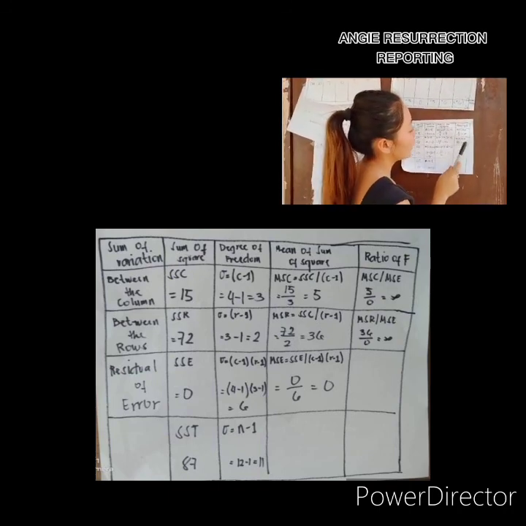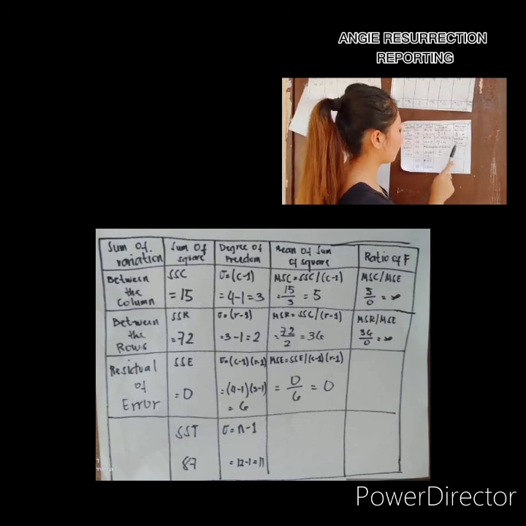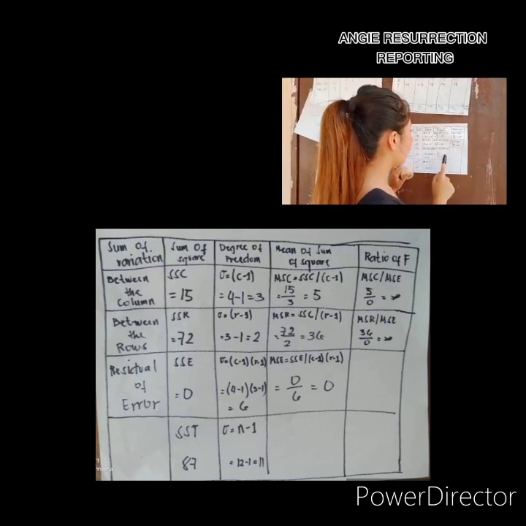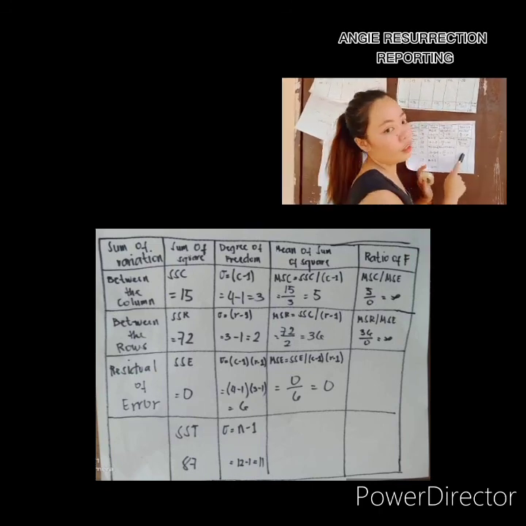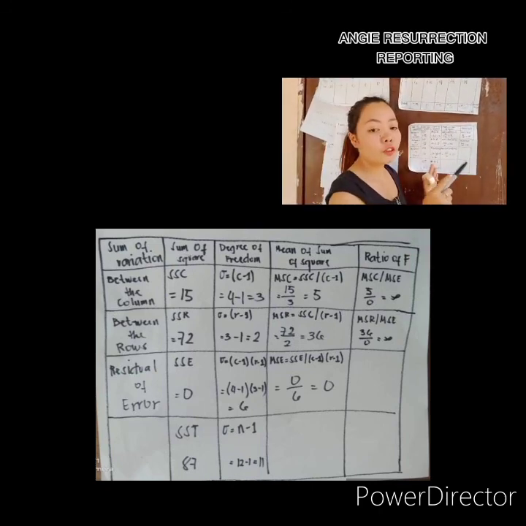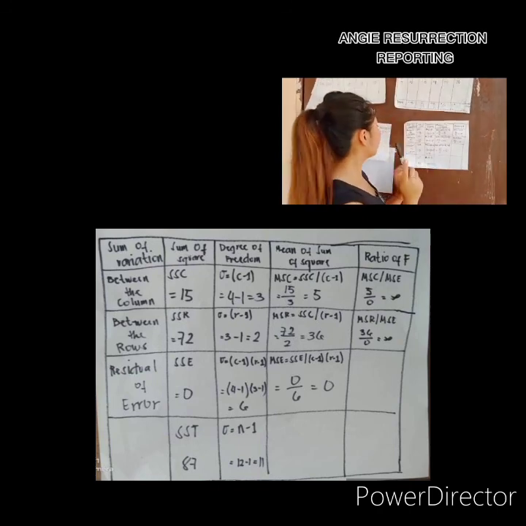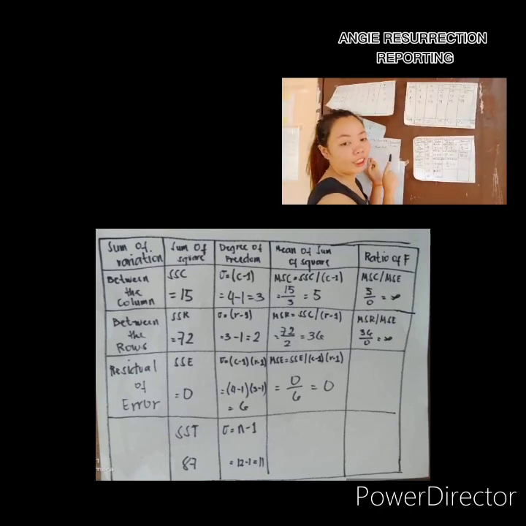So MSR over MSE is equal to 36 over 0, so infinite. The calculated value is infinite, and the table value is 5.14.